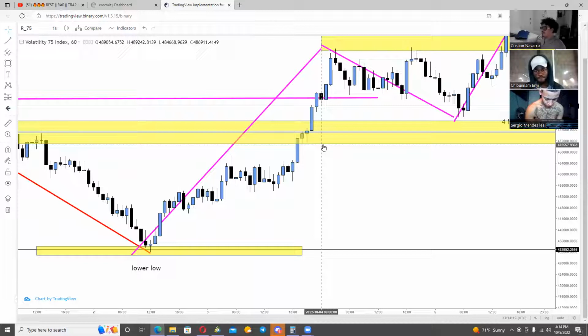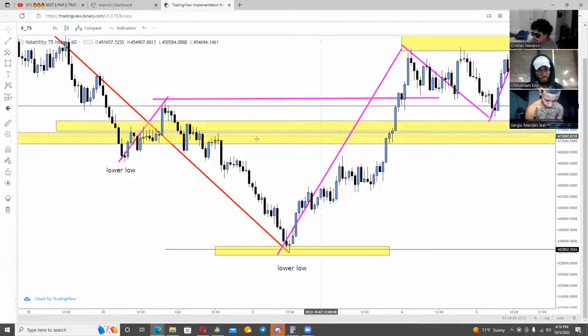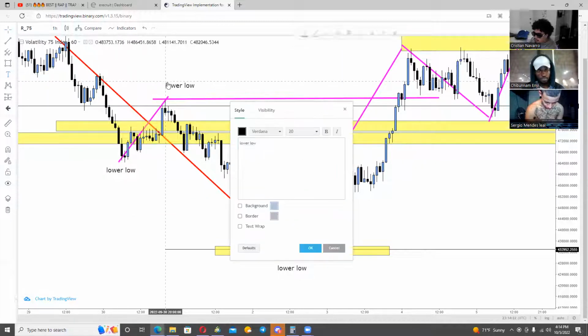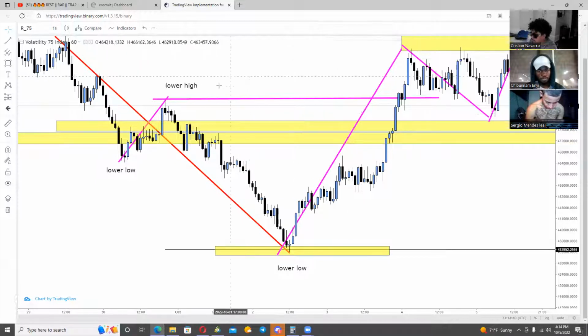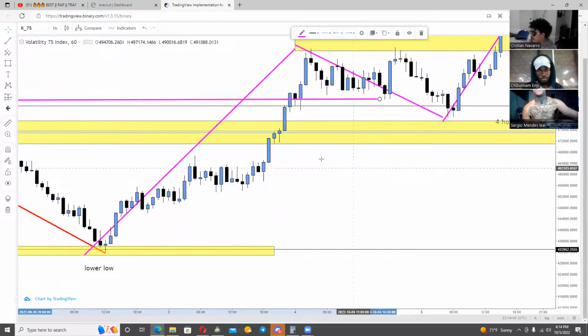So a couple hours went by, a couple days went by, and we hit this area of interest. If I was to mark it up as a lower high, then I could definitely see by this purple line I drew here that we started breaking market structure.